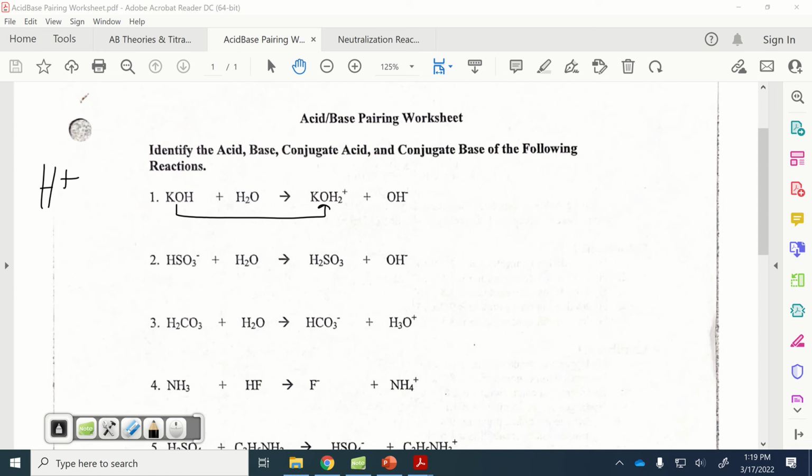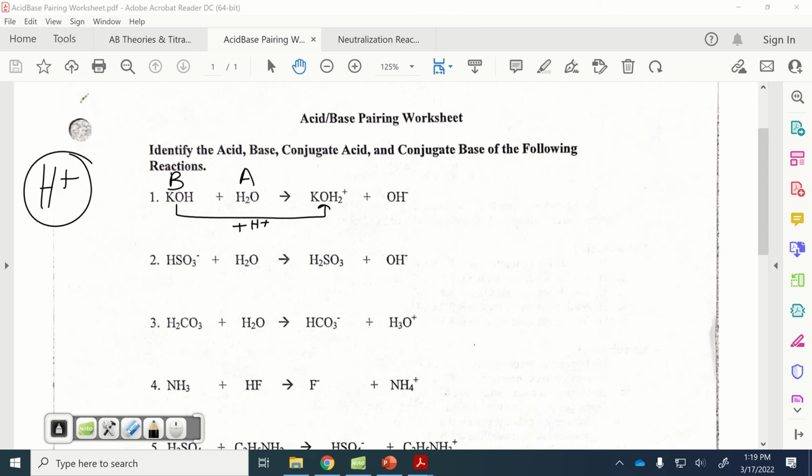We need to find where one H plus moves. Well, KOH has clearly added an H plus. It has accepted the H plus. If KOH has accepted the H plus, it must be the base according to Bronsted-Lowry if it accepts a hydrogen ion. From there, we can already say water must be the acid. If I already have the base, the other thing on the reactant side is the acid.